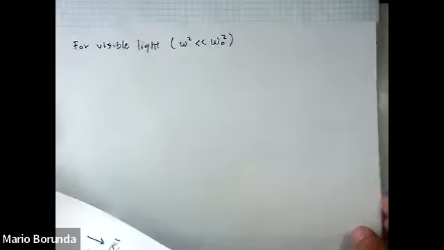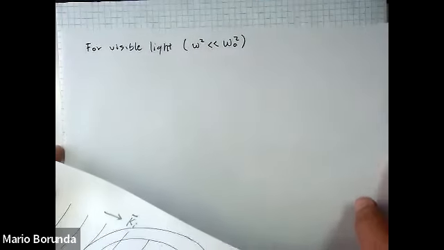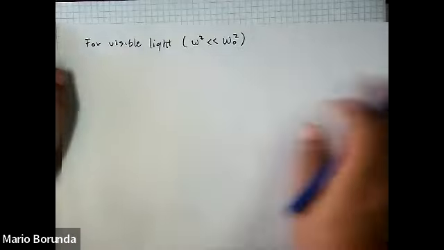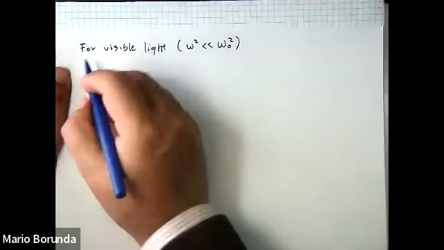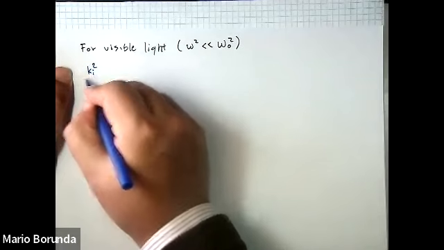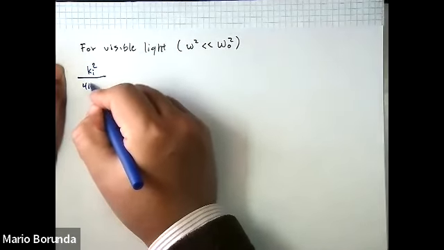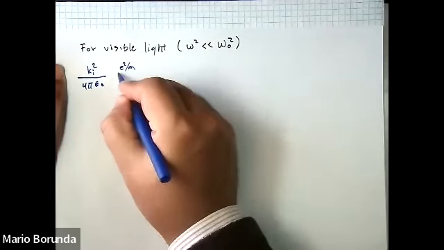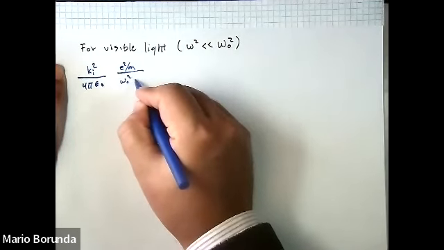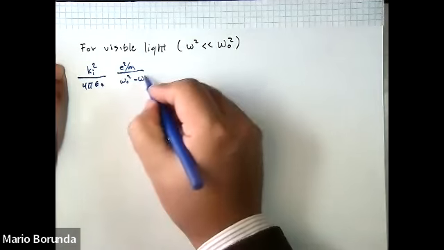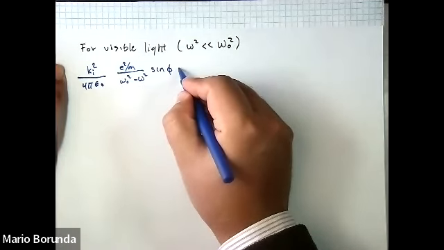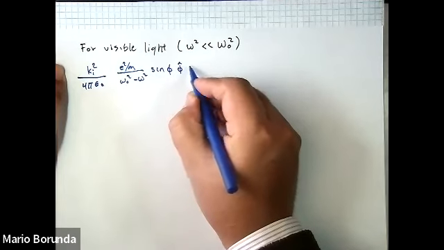So in this case, the same term as before, which used to be ki squared over 4 pi epsilon naught, e squared over m, omega naught squared minus omega squared, sine phi in the direction phi.